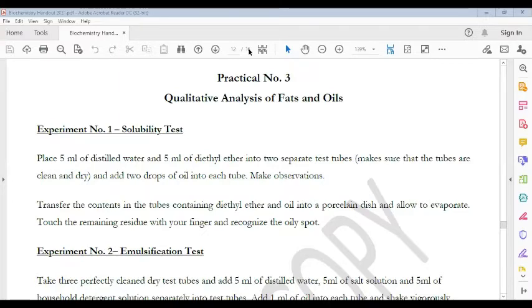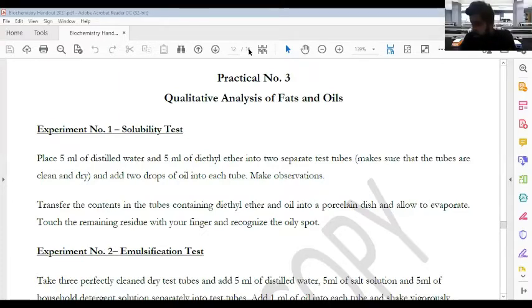Okay. So I think there's no need to discuss that further. That's a very basic test. Other than this solubility test, what other very basic tests can we use to identify fats or oils? There's one test in your advanced level chemistry syllabus.